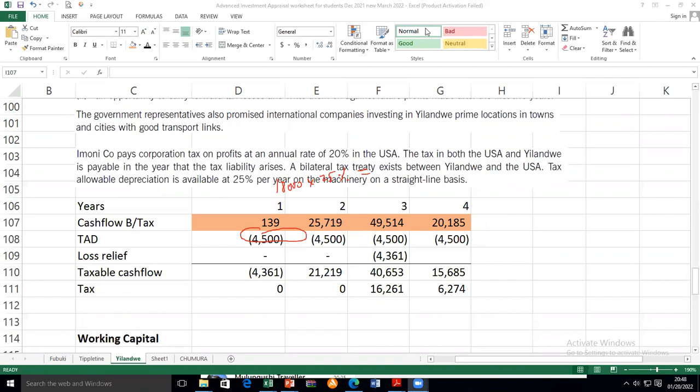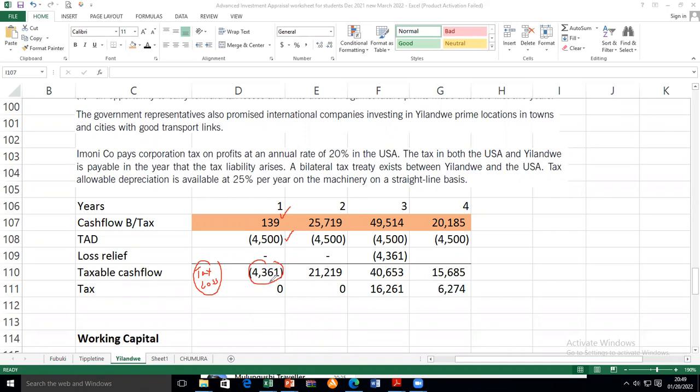So now, what of the loss relief? Where is it? So we come here. The taxman will say, okay, there's this profit you have made. You subtract that. So you are ending up with a loss of 4,361. So this is a tax loss. This loss, you're allowed to carry it forward.